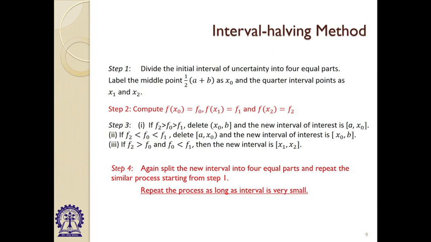We will repeat the process as long as the interval of uncertainty is not very small, or until we have a certain target, that we want an accuracy of 10%, or 5%. This process can give us that kind of accuracy. Okay, in that way we will get the solution.